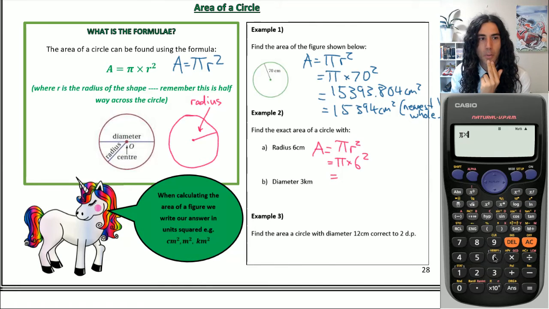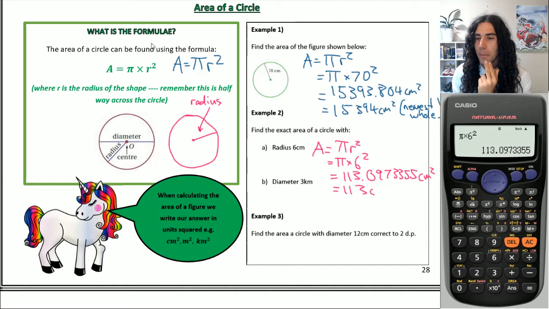Pi times 6 squared: 113.0973355. And let's go nearest whole: 113 centimeters squared. Oh, you cannot see that at all because I've zoomed in so much this week.